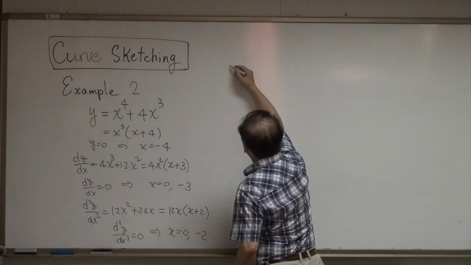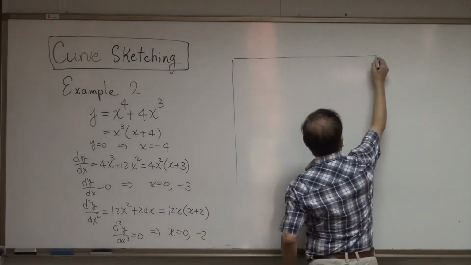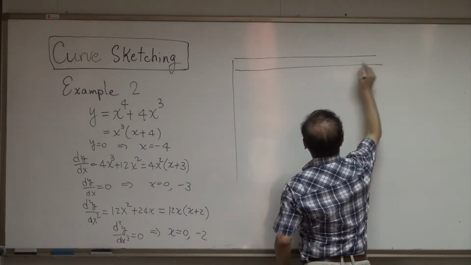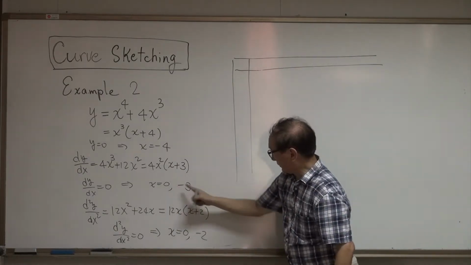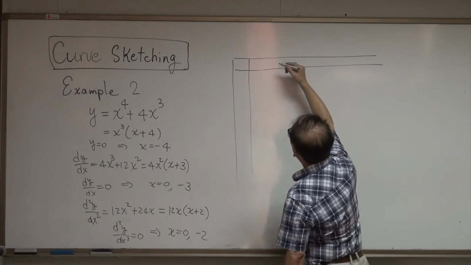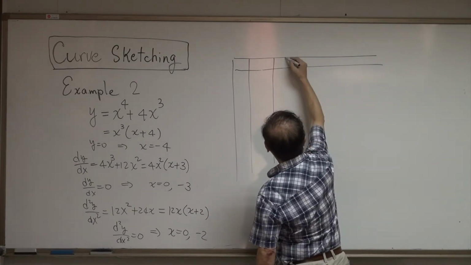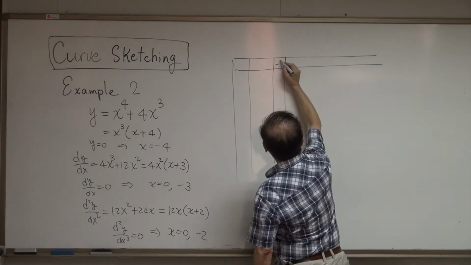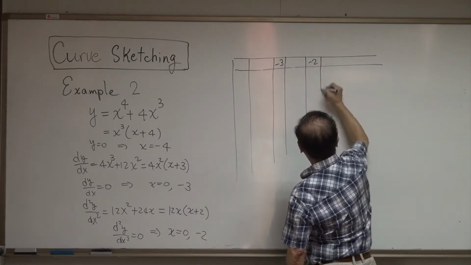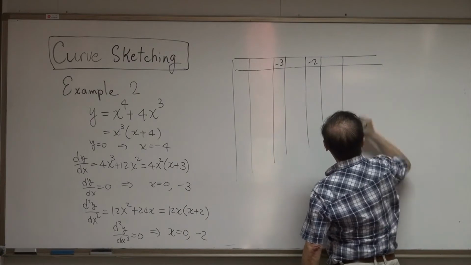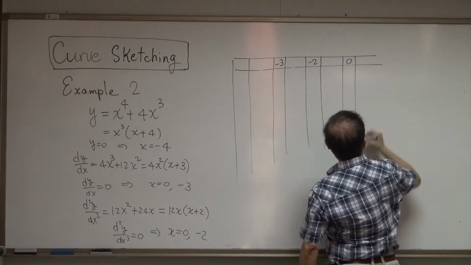So let's draw a table. How many points? 1, 2, 3. First point is minus 3, then minus 2, then 0.